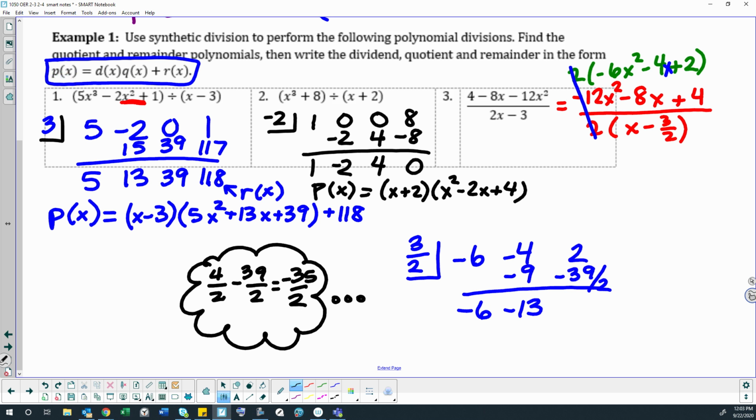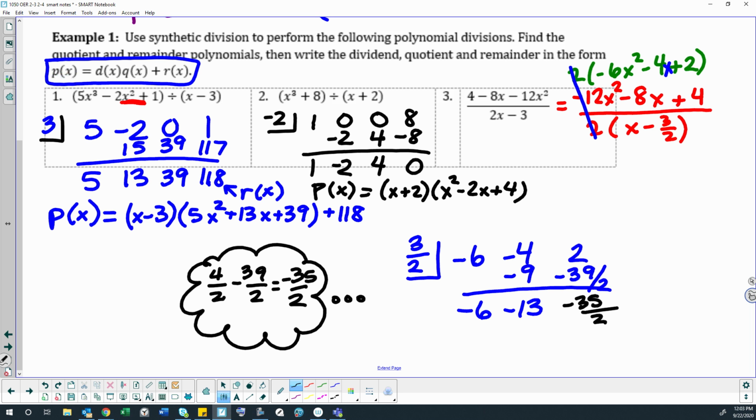So there's my work for the fraction. Did I lose anyone in my fraction subtraction? I just had to get that common denominator, right?